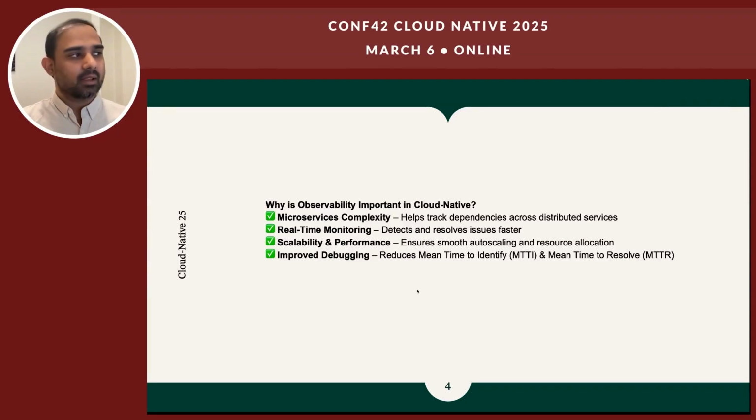So, why is observability important in cloud native applications, cloud native services? Modern services are mostly microservices. As microservices keep evolving, they start getting complicated. Lots of APIs get embedded into it, lots of CRUD operations.